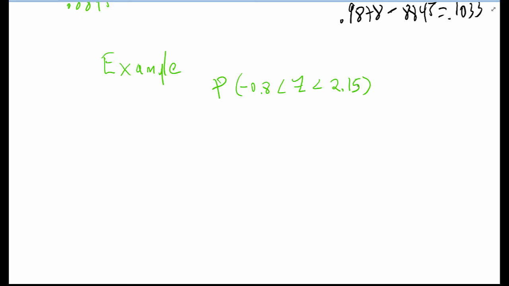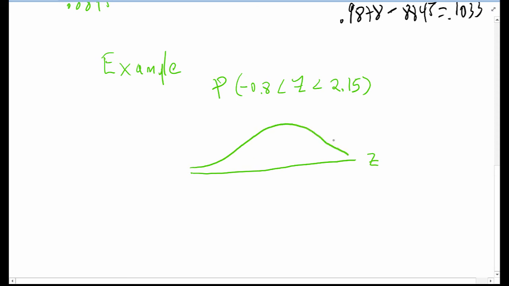Again, our data set is the variable z, which is really z scores. We know that it's normally distributed, the mean is 0 and the standard deviation is 1. They're really asking us the percentage of values that fall between negative 0.8 and 2.15.